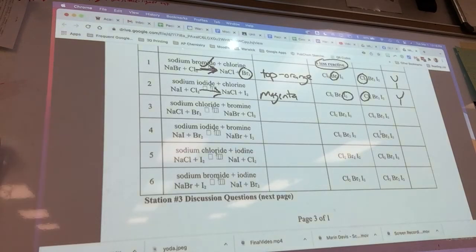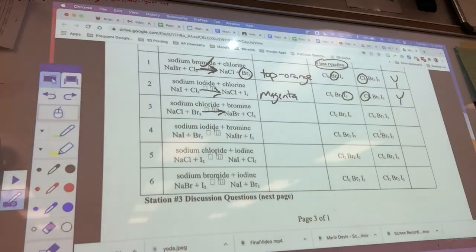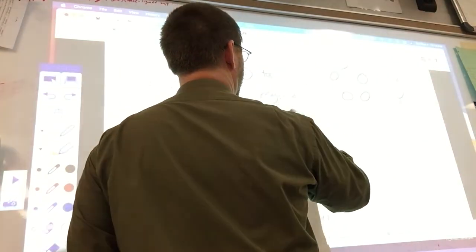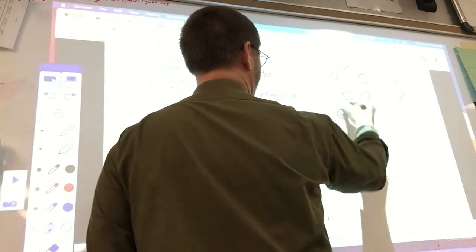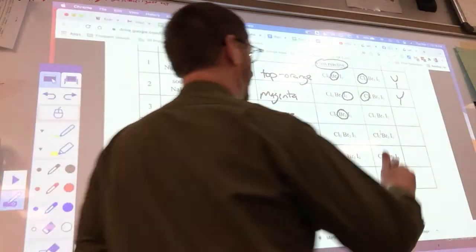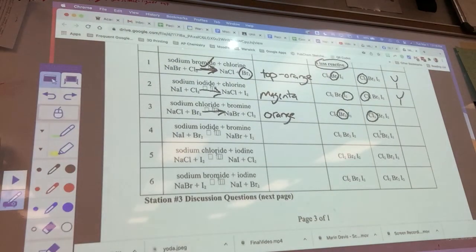All right, group 2. What about reaction 3? What color was the top layer? Orange? That tells you which element is by itself. Bromine is less reactive. Who was more reactive than bromine? Chlorine. Good. And when we piece that together, did we start with the bromine or did we have to react to produce the bromine?